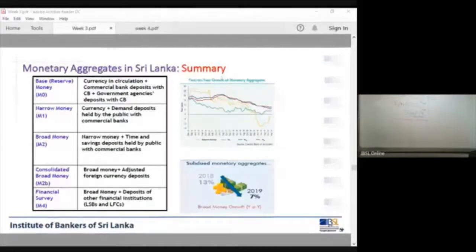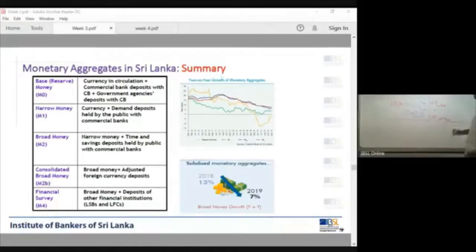And I told you how it is calculated: through the net foreign assets of the central bank plus the net domestic assets of the central bank, right?